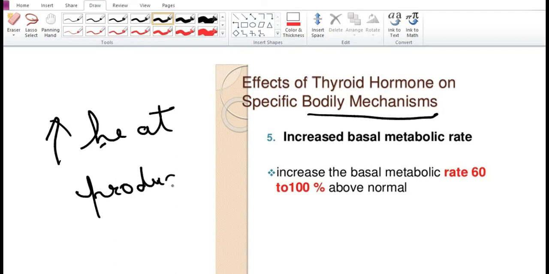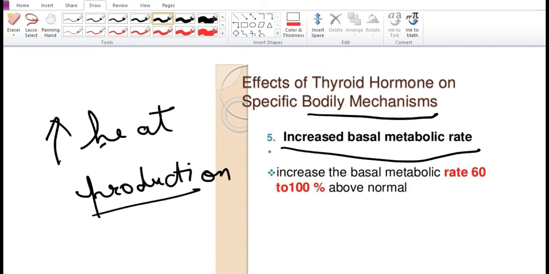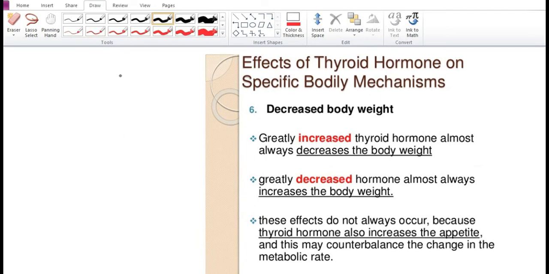So it increases the basal metabolic rate. The basal metabolic rate increases from 60 to 100 above the normal. So during hypersecretion of thyroxine, the body temperature increases greatly. That results in excessive sweating.